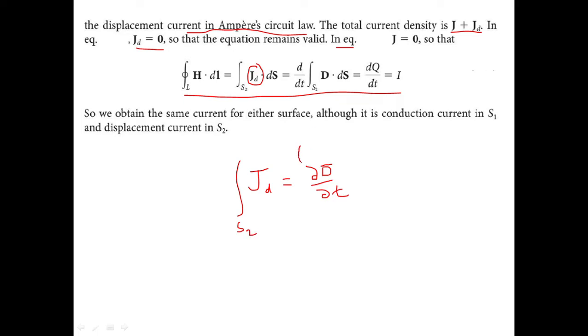Now if I take integration with respect to dS, and here also if I integrate this with respect to S2 with dot dS, and if I take this ∂/∂t outside, it will become d/dt of the integral over S2 of D vector dot dS vector.